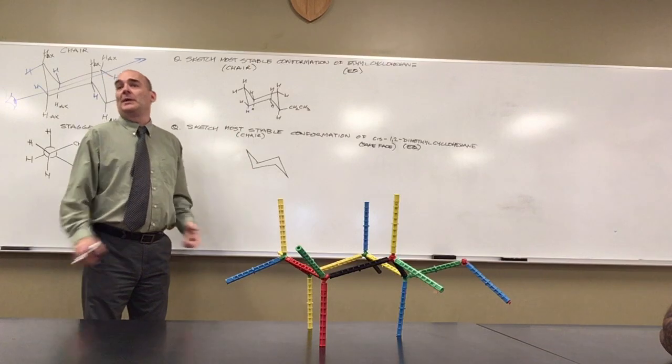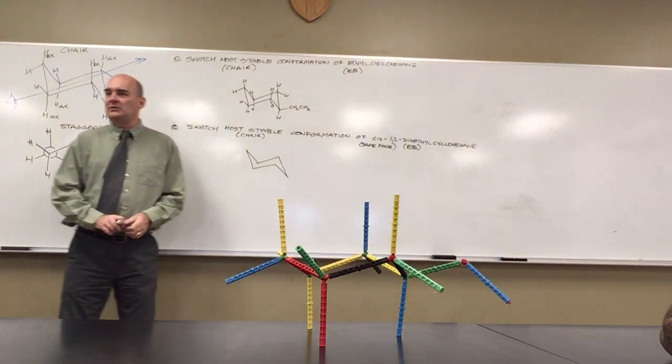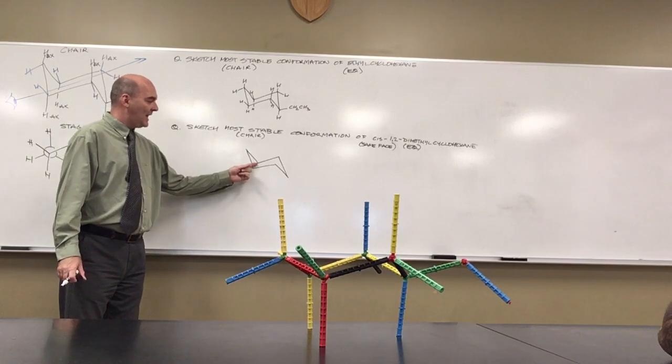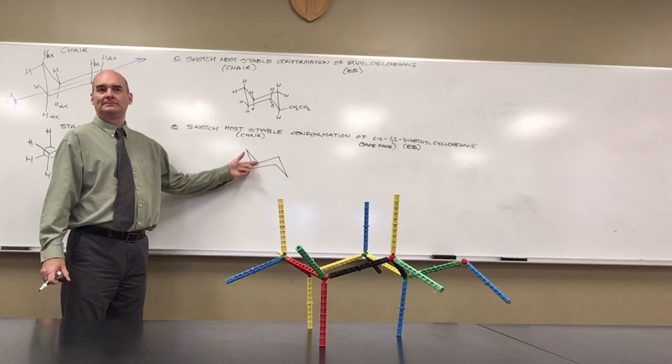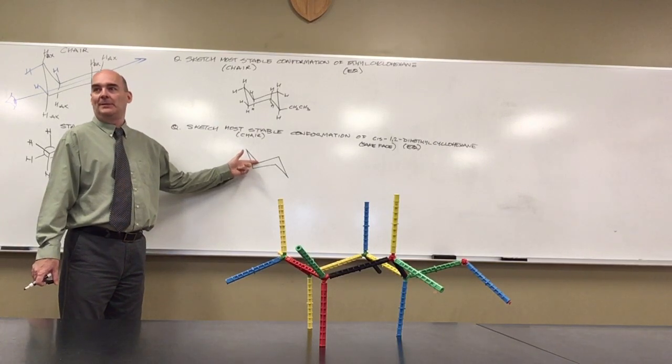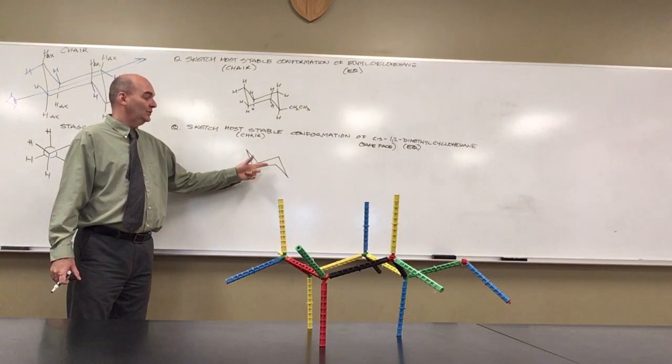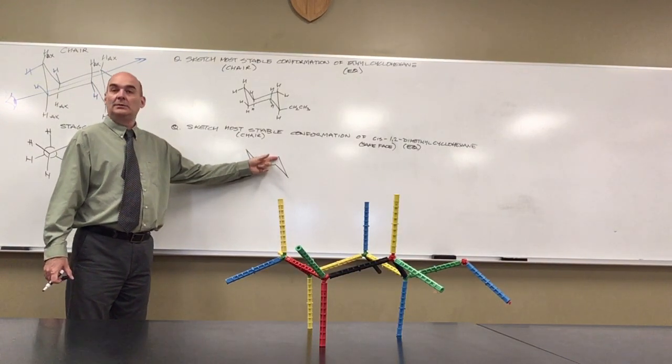One of these needs to be carbon number 1 and one of them needs to be carbon number 2. Show of hands, who thinks that right there should be carbon number 1? Good. Why should that not be carbon number 1? It's at the back. It's hard to read. Should that be carbon number 1?